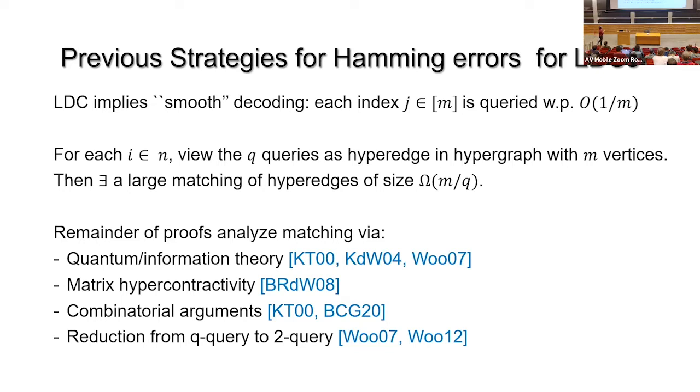So there isn't any index that is queried too much. Then one looks at the Q queries as an edge in a hypergraph with m vertices. One can show that there exists a large matching in this hypergraph, of size omega m over q. And then there are very complicated proofs to analyze this large matching via various techniques.